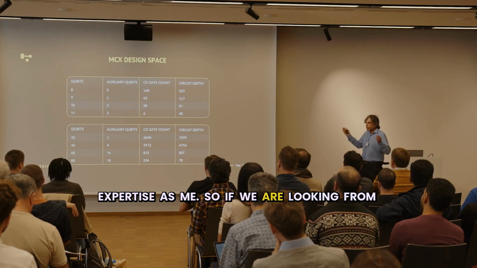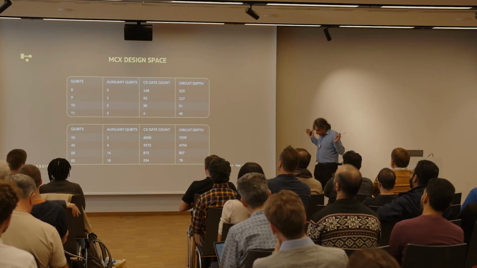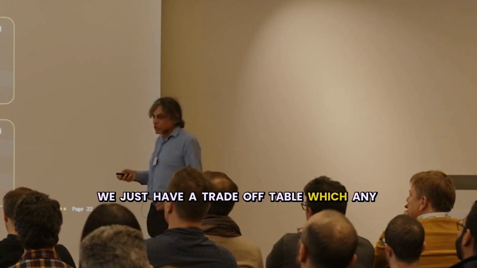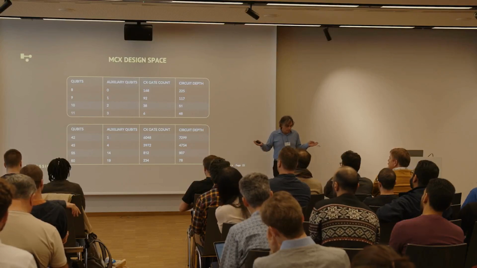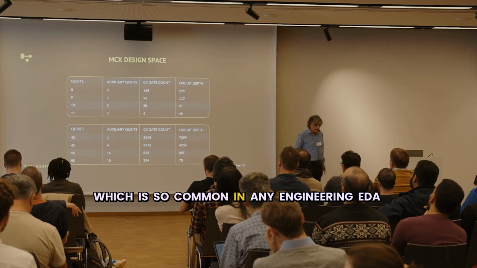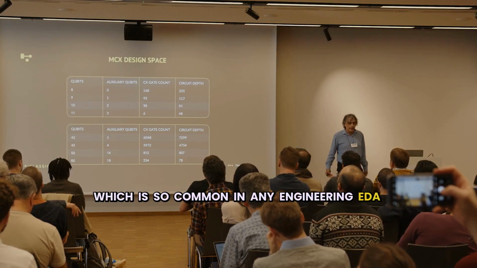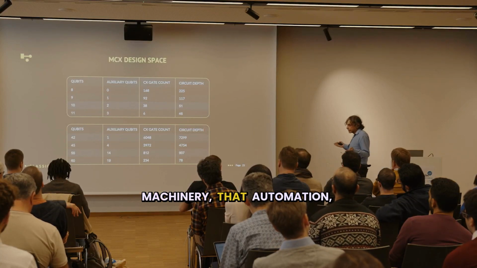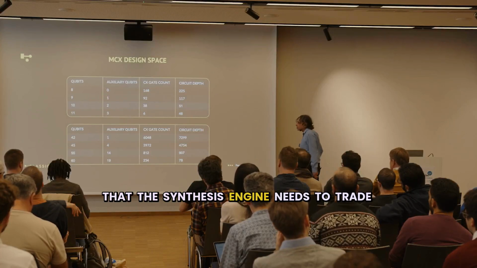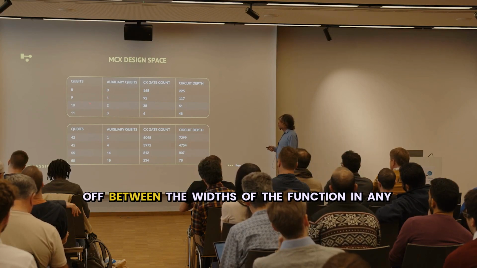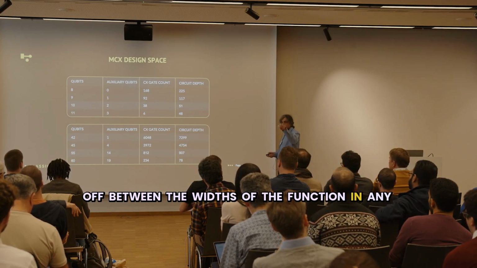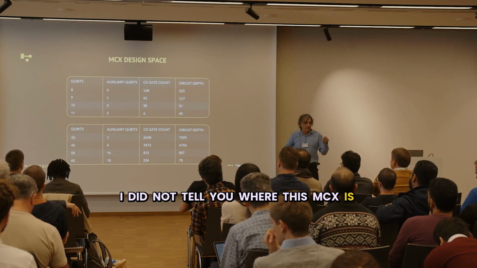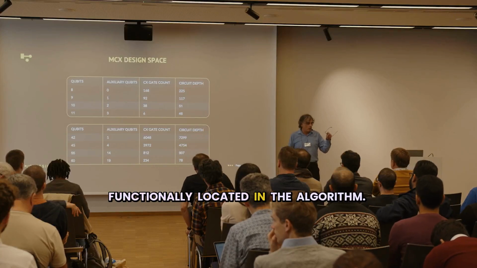So if we are looking from an engineering perspective, we just have a trade-off table, which is so common in any engineering EDA tooling. And we see that the synthesis engine needs to trade off between the widths of the function at any particular point in the algorithm. I did not tell you where this MCX is functionally located in the algorithm.